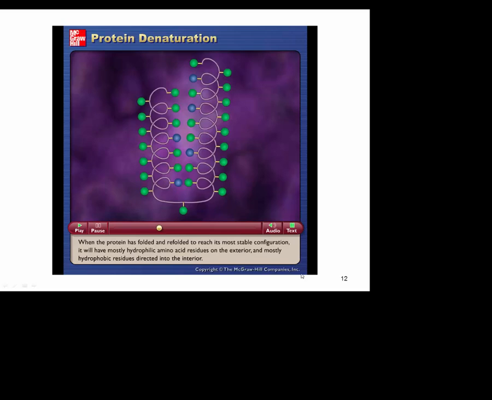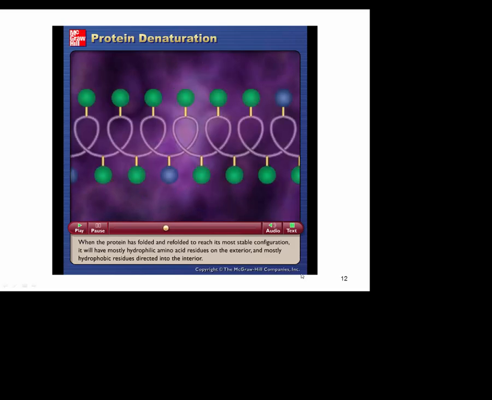When the protein has folded and refolded to reach its most stable configuration, it will have mostly hydrophilic amino acid residues on the exterior and mostly hydrophobic residues directed into the interior. When natural proteins are subjected to physical or chemical treatment, their structure changes and they become unnative or unnatural. We call that process denaturation.